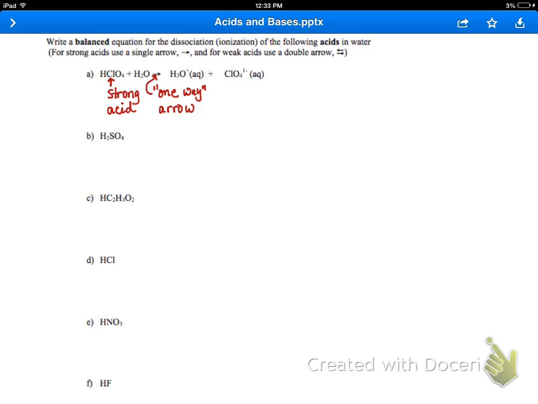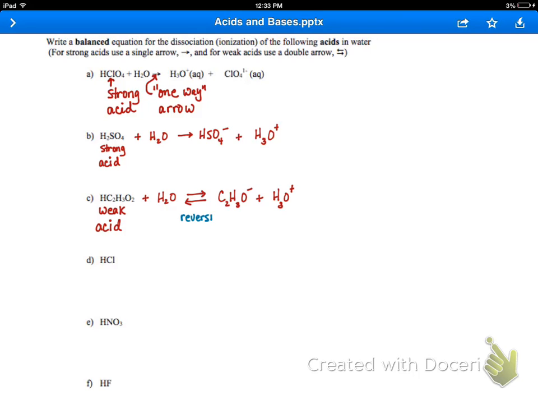So pause your video and finish this page and then play it again and check. So notice for acetic acid, it is a weak acid, so we've drawn a reversible arrow here.